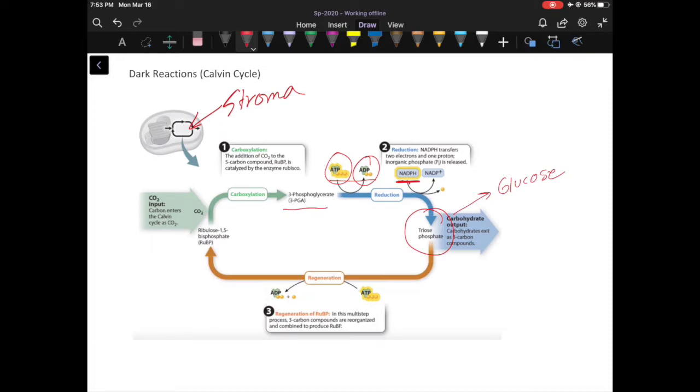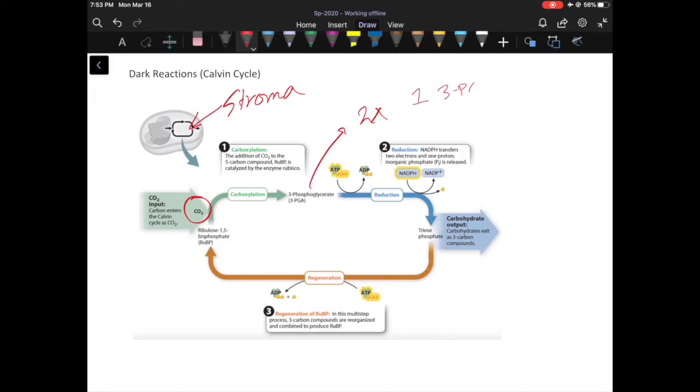And let's see here. So one important thing to note about this is since we get 2 molecules of 3-phosphoglycerate, we can think of this as for every carbon dioxide that enters the Calvin cycle, we need 2 ATP and 2 NADPH to reduce our 3-phosphoglycerate molecules.